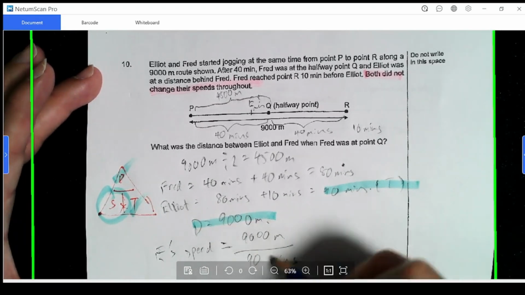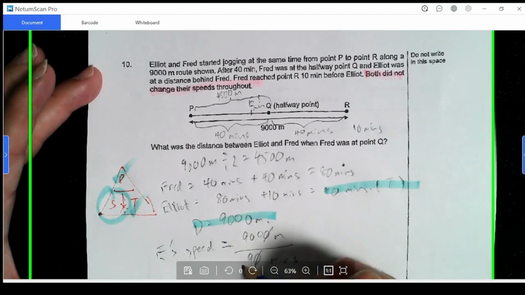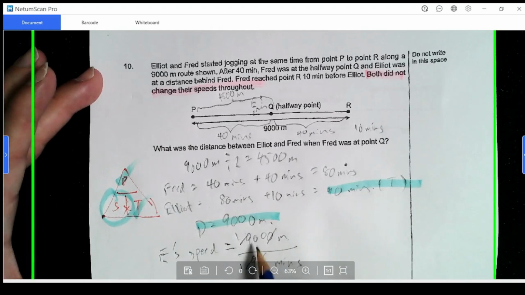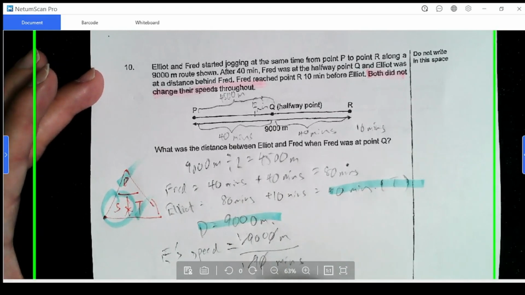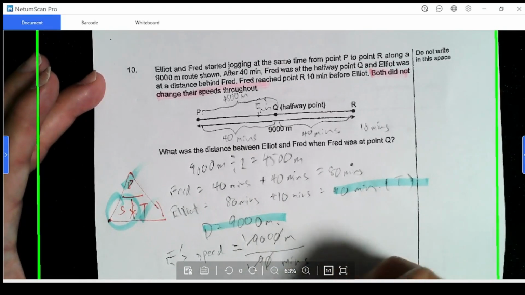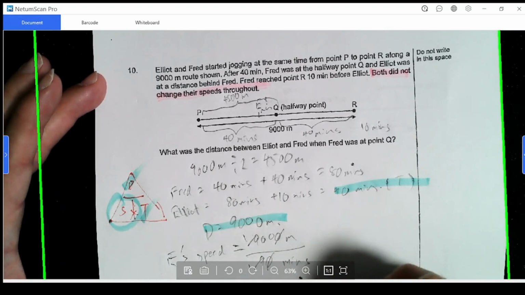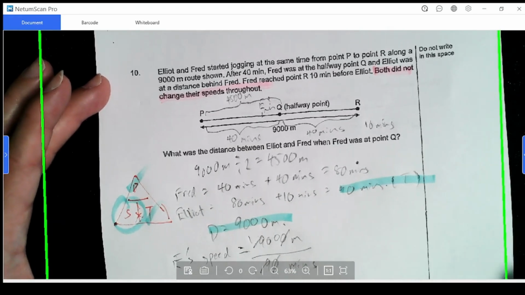Very easy. Cancel. 9 divided by 9, 1, 1, 1. How many zeros left? 2. So, 100 meters per minute. This is Elliot's speed.